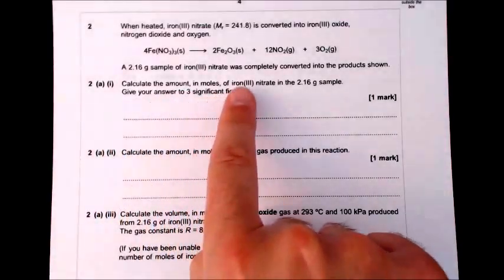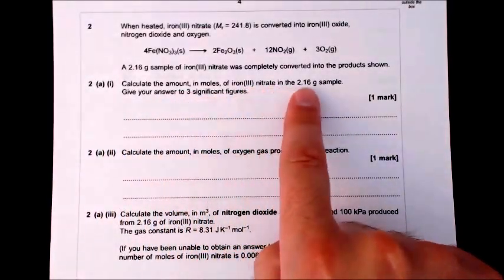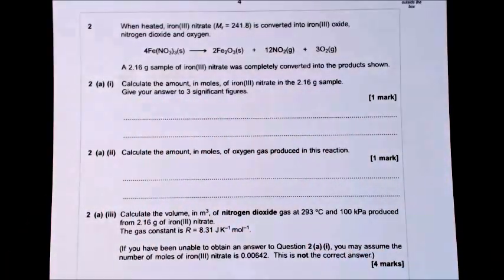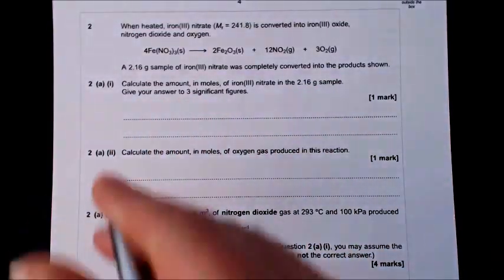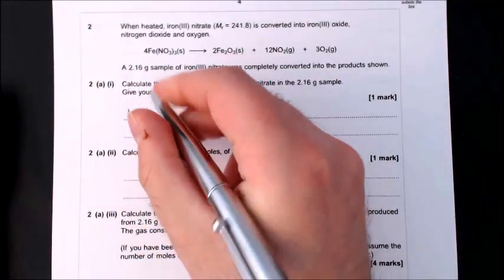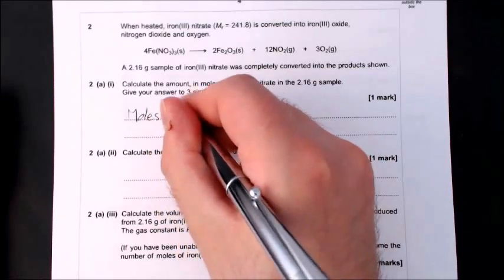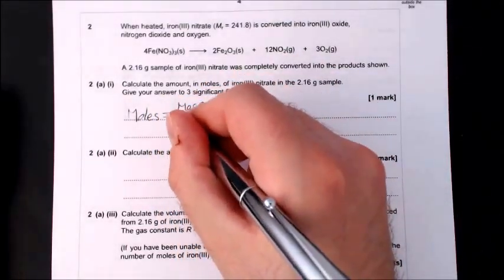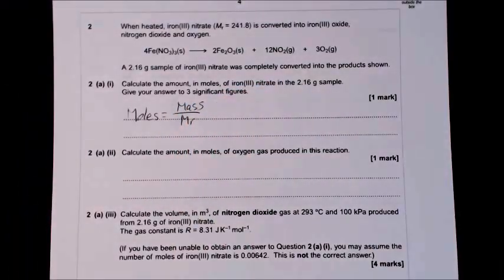Calculate the amount in moles of iron 3 nitrate in the 2.16 gram sample. Give your answer to 3 significant figures. So this is a classic mole calculation. We're just going to write down our equation: number of moles equals the mass divided by the MR, which is the molecular mass.